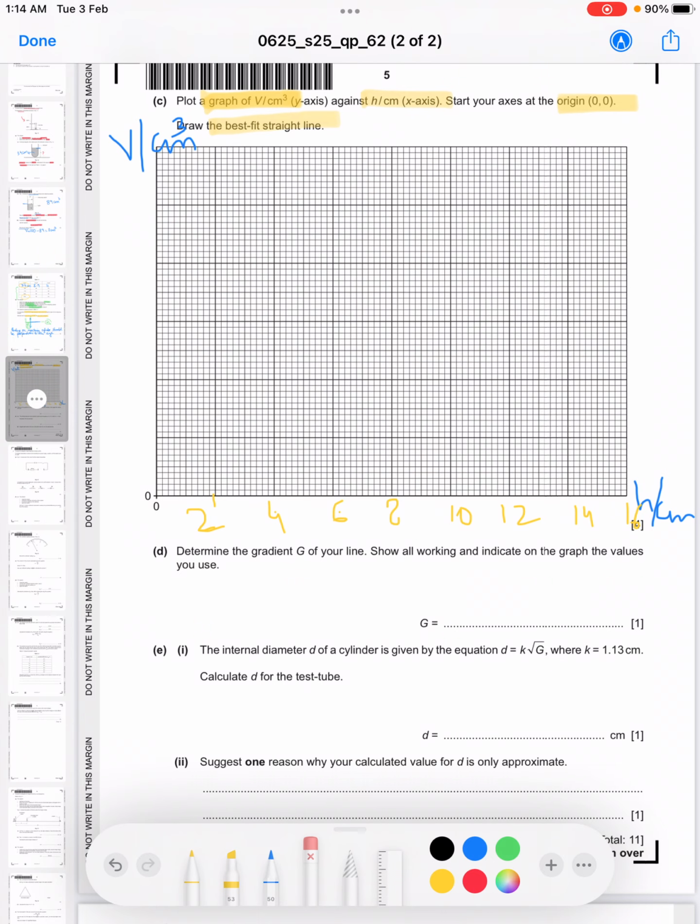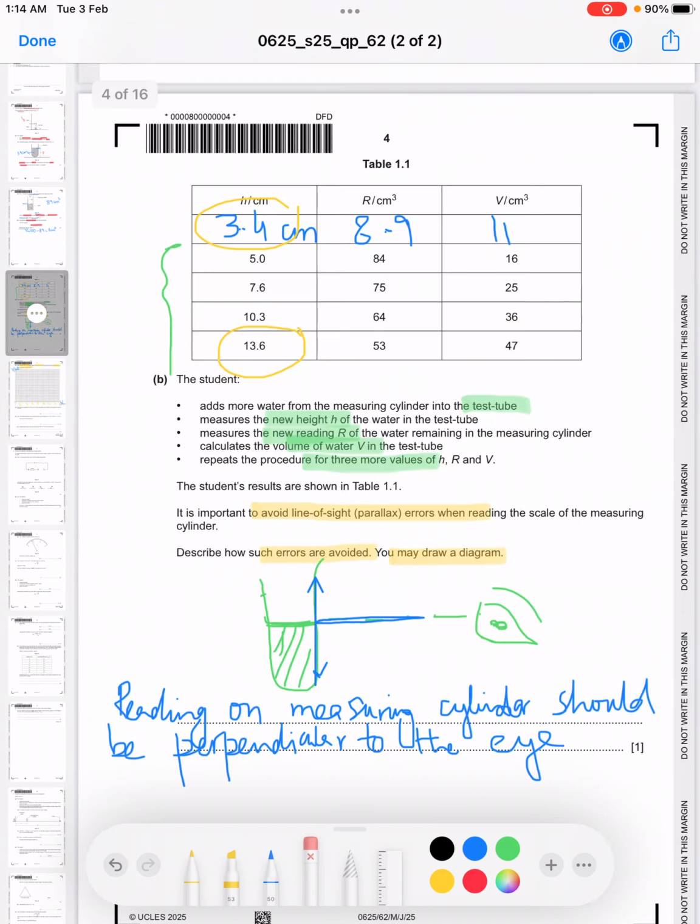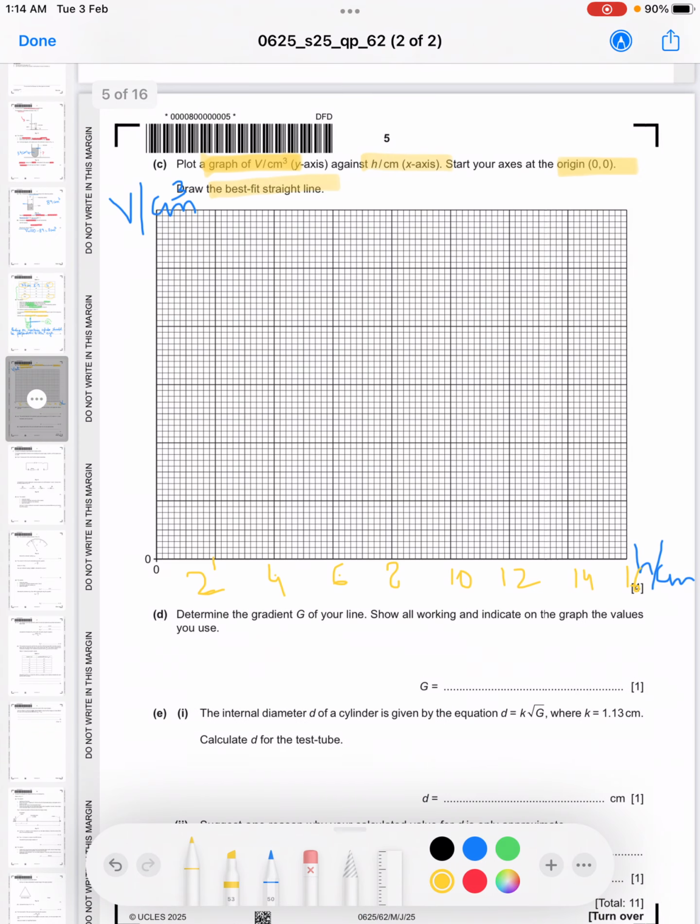For the y-axis, our minimum value is 11 and the maximum value is 47, so the scale must cover up to 50. One more thing: we can't break our scale.